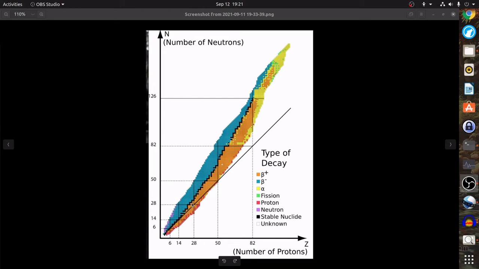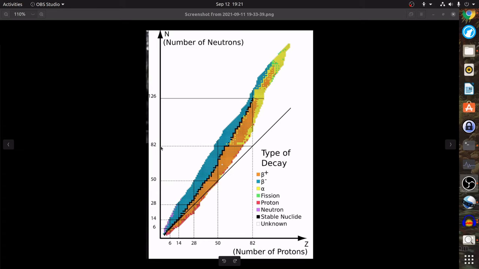But as the elements get larger and larger with larger nuclei, we notice that these scattered black points here, which are the stable nuclides, start moving further and further up from the 1-to-1 line.